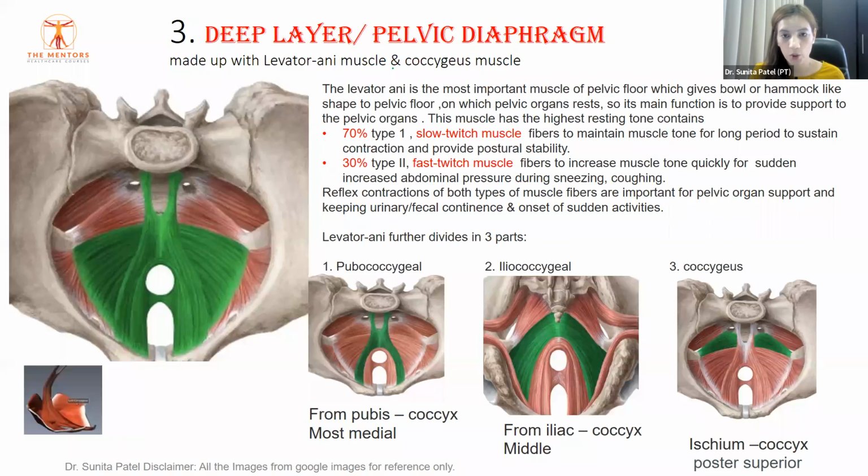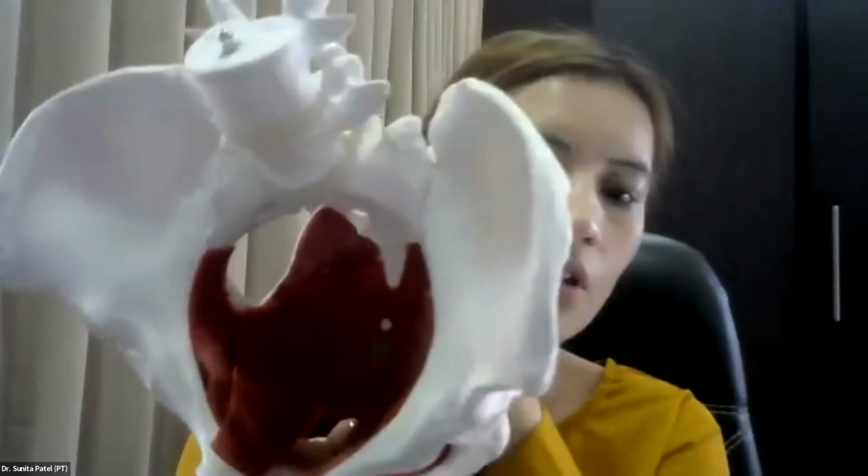There is a difference between looking at this muscle. This is not giving a bowl shape. Not even the superficial layer and not even the deep layer. But yes, this is a bowl shape muscle. Bowl. Okay, it can hold.